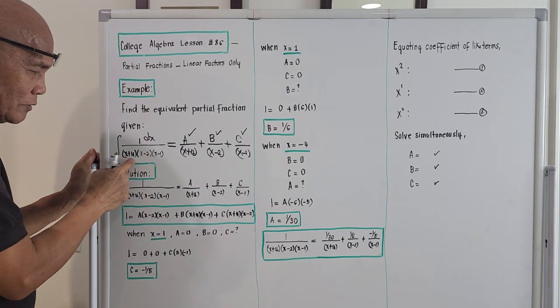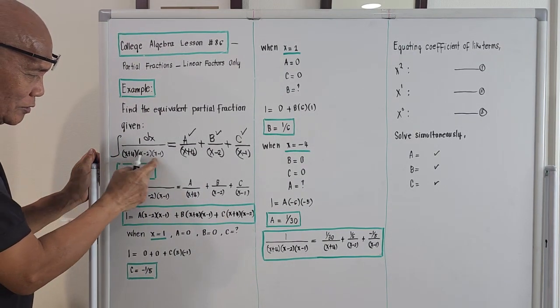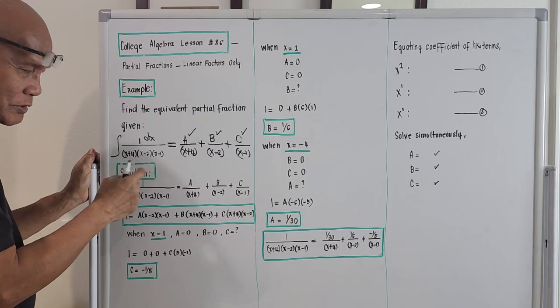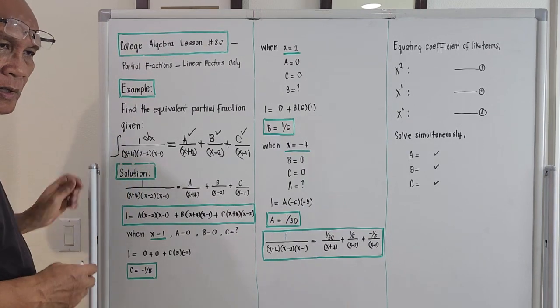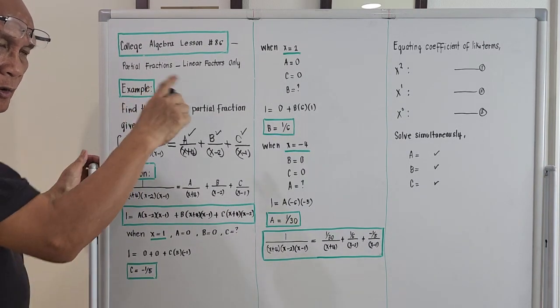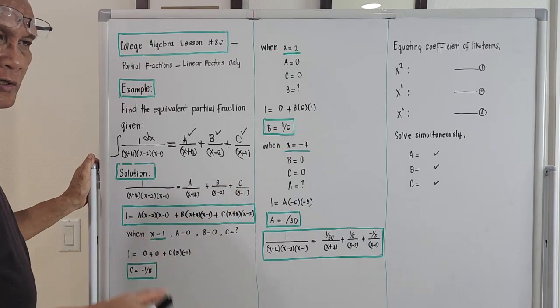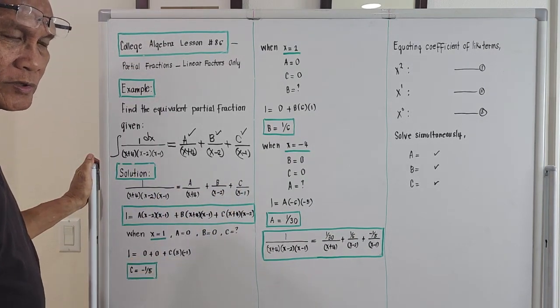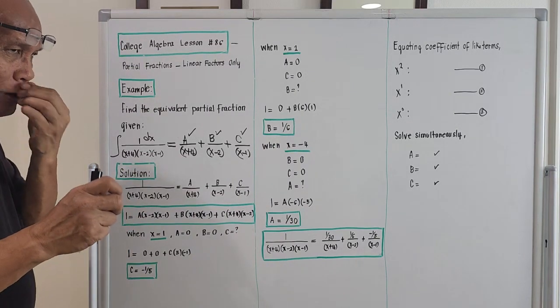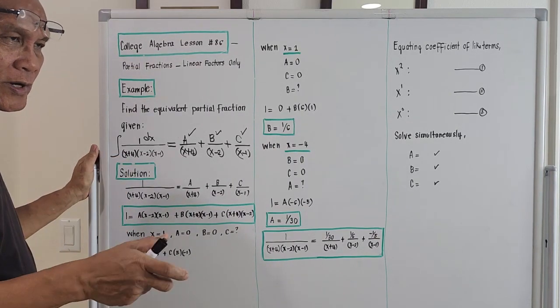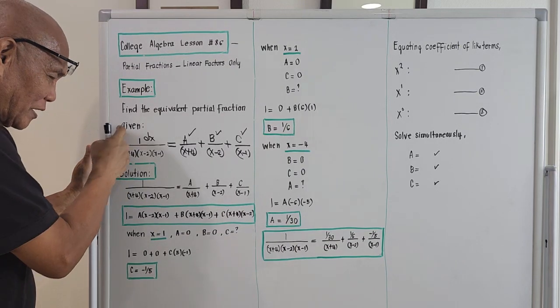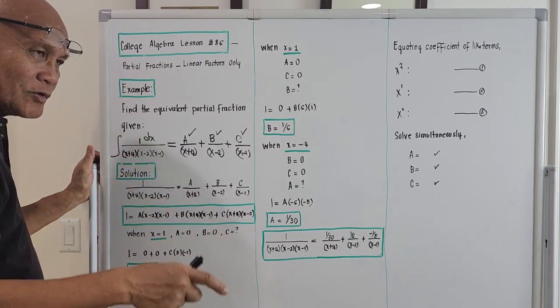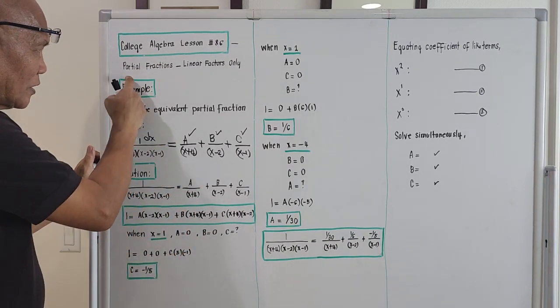This is a complicated thing already, because if we try to expand this one, this falls under a cubic equation. And 1 all over a cubic equation does not fall on one of the so-called integration formulas. So the only way to solve this one, if there is an integral sign, will be by using partial fraction.